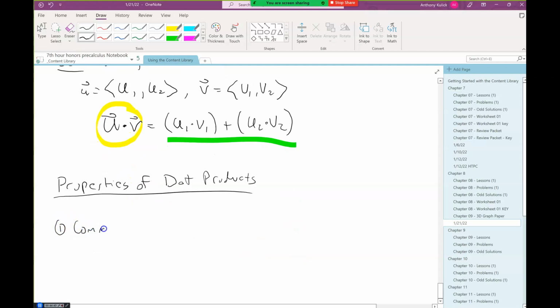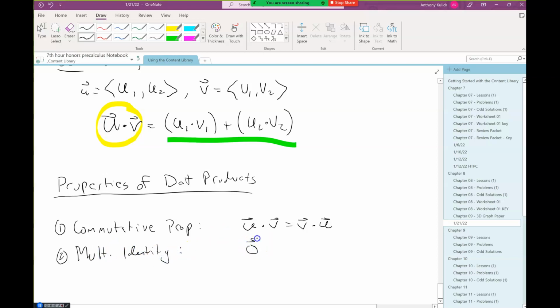So the first is dot products are commutative. By that I mean that u dot v is equal to v dot u. There's a multiplicative identity property.